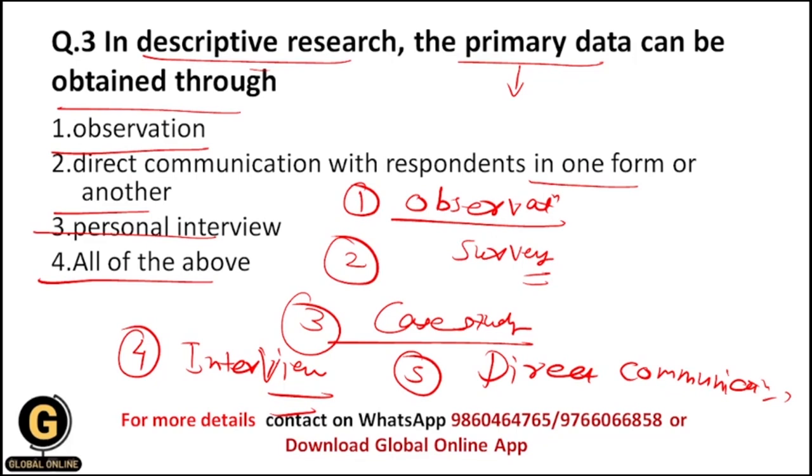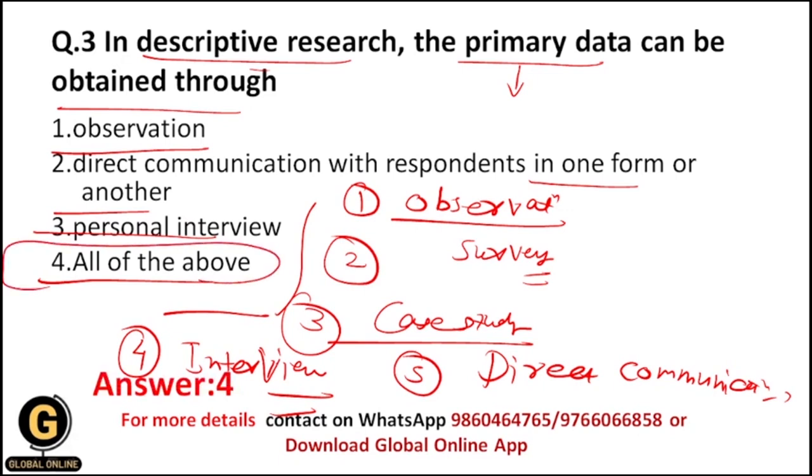So students, from these 5 data collection methods, now we can understand the correct answer to this question should be 4, that is all of the above, because here observation is a data collection method, direct communication is another data collection method, and personal interview is a third data collection method, and all of these we can use to collect the primary data in descriptive research.